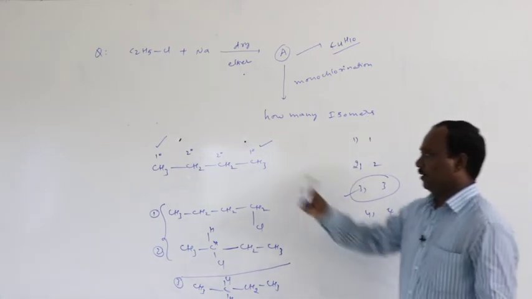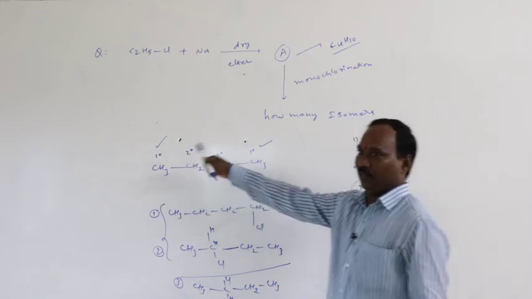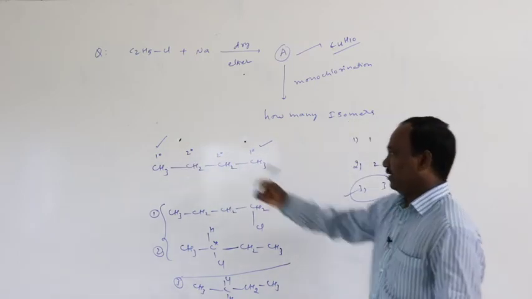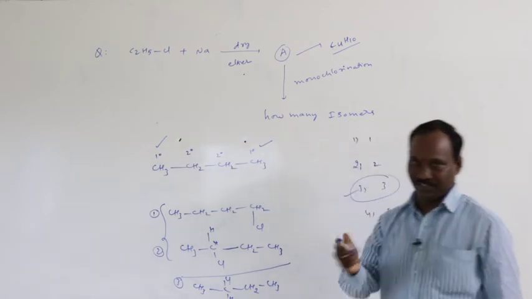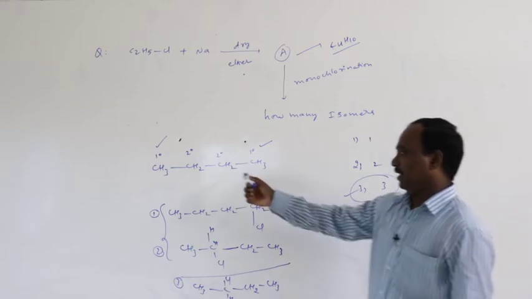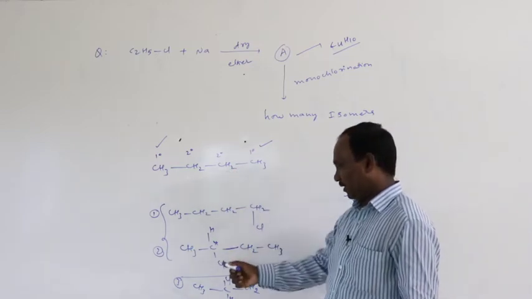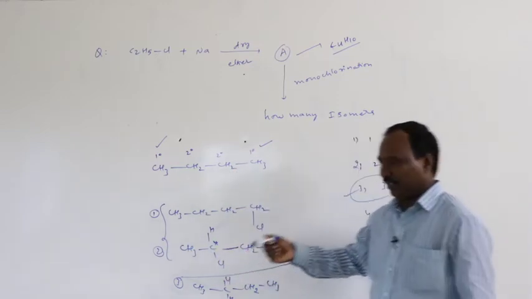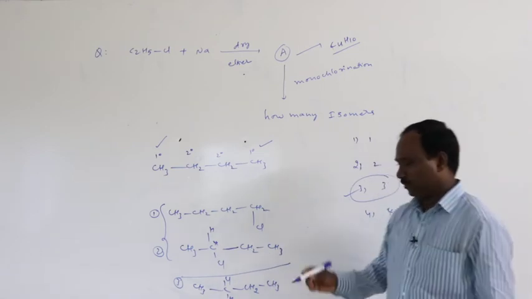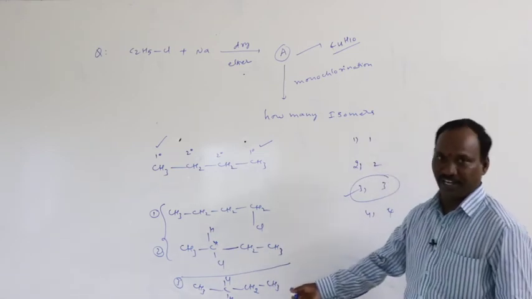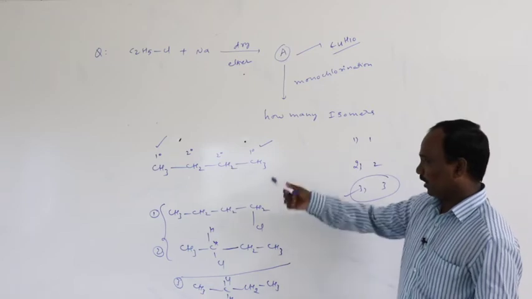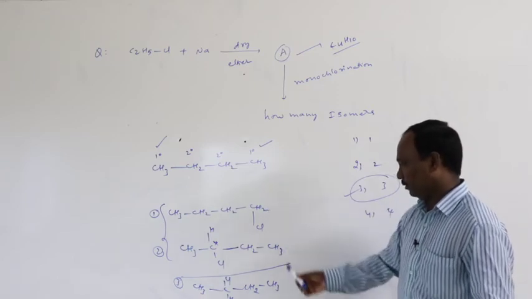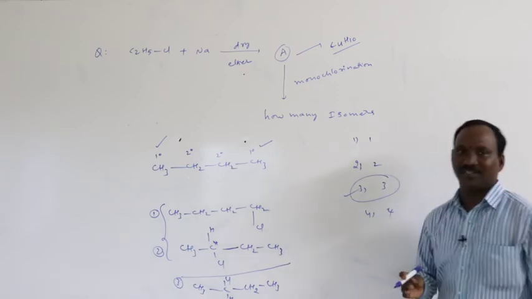Why? Because primary hydrogen replaced by chlorine gives 1 isomer, secondary hydrogen replaced by chlorine gives a second isomer, but by replacement of secondary hydrogen we get the chiral carbon. Therefore its non-superimposable mirror image is also obtained. So total monochlorination products are 3. Therefore the answer is 3.